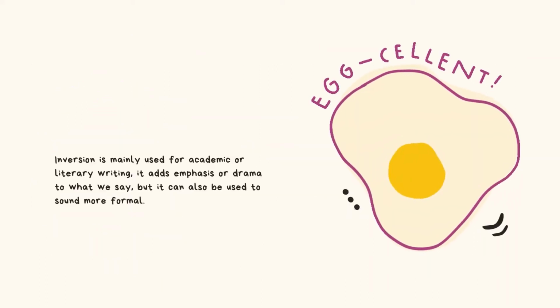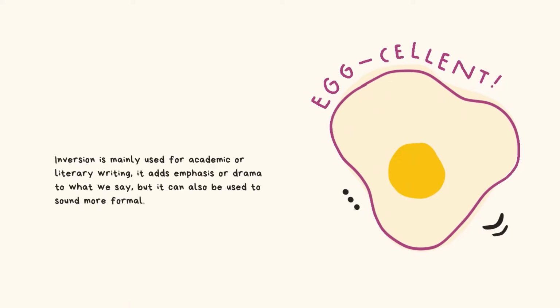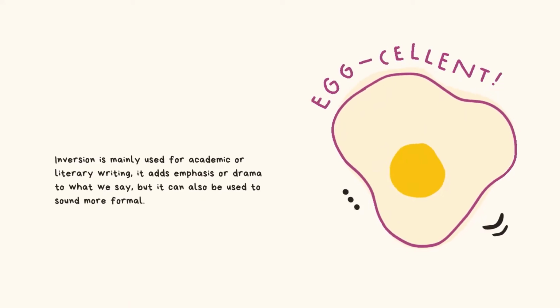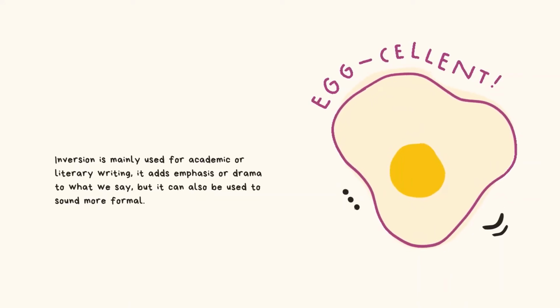We use inversion in academic or literary writing. And by using inversion, we can add emphasis or drama to what we are saying. But we can also use inversion to sound more formal.